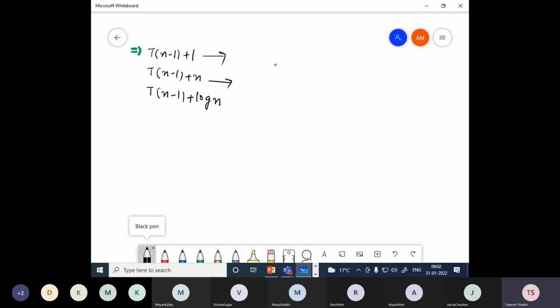And what we saw is that while solving those different recurrences, in this case we got the final complexity as order of n. For t of n minus 1 plus n, it was order of n square. Similarly, for this one, we got order of n into log of n.